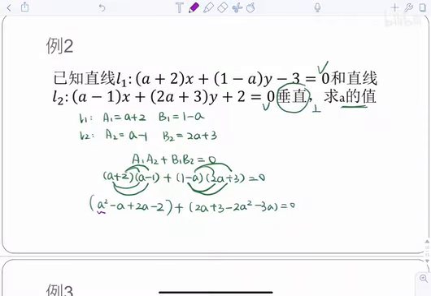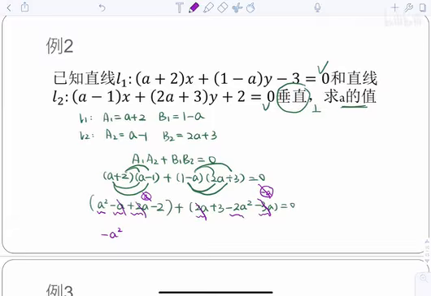This is a squared, so we get minus a squared. And this is a, minus a, and plus 2a, so this is a, and this is minus 3a, and this is 2a, so this is minus a. So a and minus a cancel.